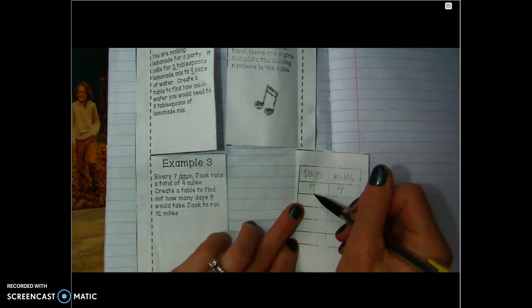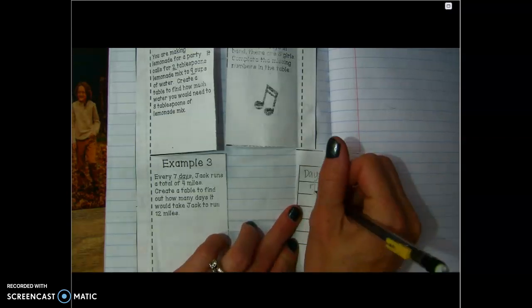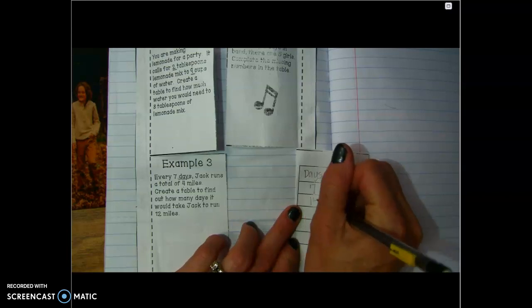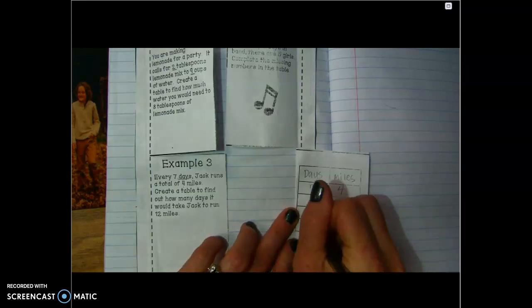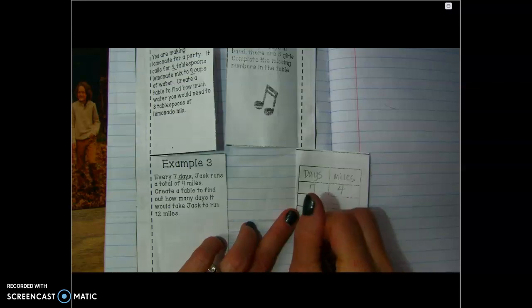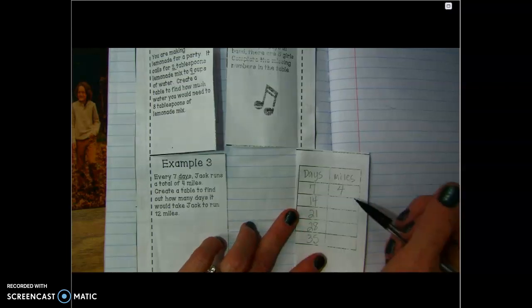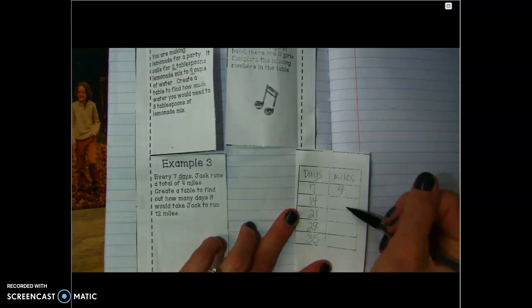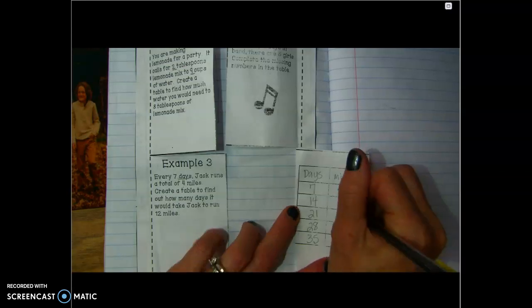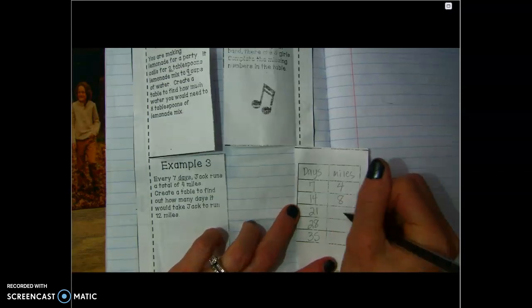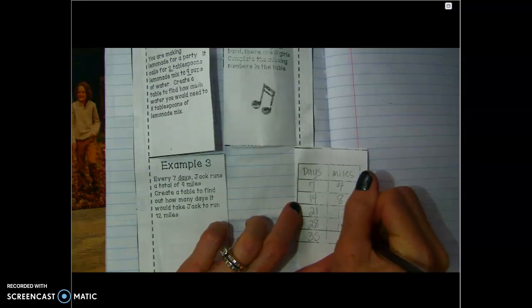So now let's go ahead and fill out the rest of our table. If this is a 7, we're going to count by 7. So 7 times 1 is 7. 7 times 2 is 14. 21. 28. And 35. If this is a 4 on this side, we're going to count by 4s. 4 times 1 is 4. 4 times 2, 8. 4 times 3, 4 times 4, and 4 times 5. Good job.